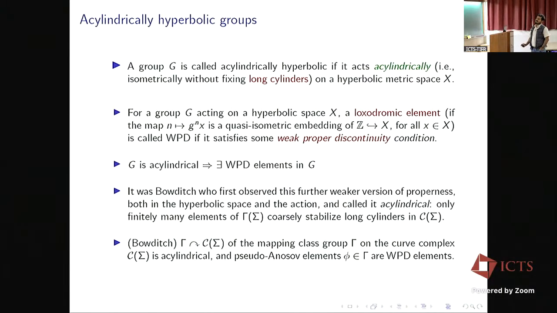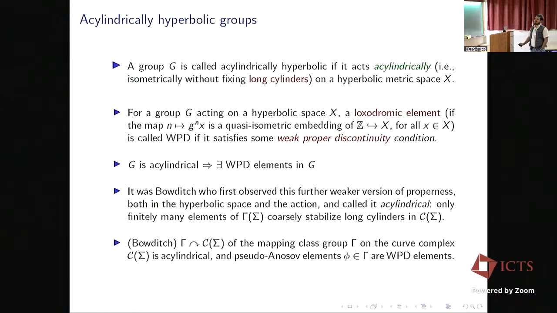So what is an acylindrically hyperbolic group? It acts acylindrically on a hyperbolic metric space without essentially fixing long cylinders. So essentially, long cylinders are all moved. The set that fixes it or coarsely fixes it is finite.